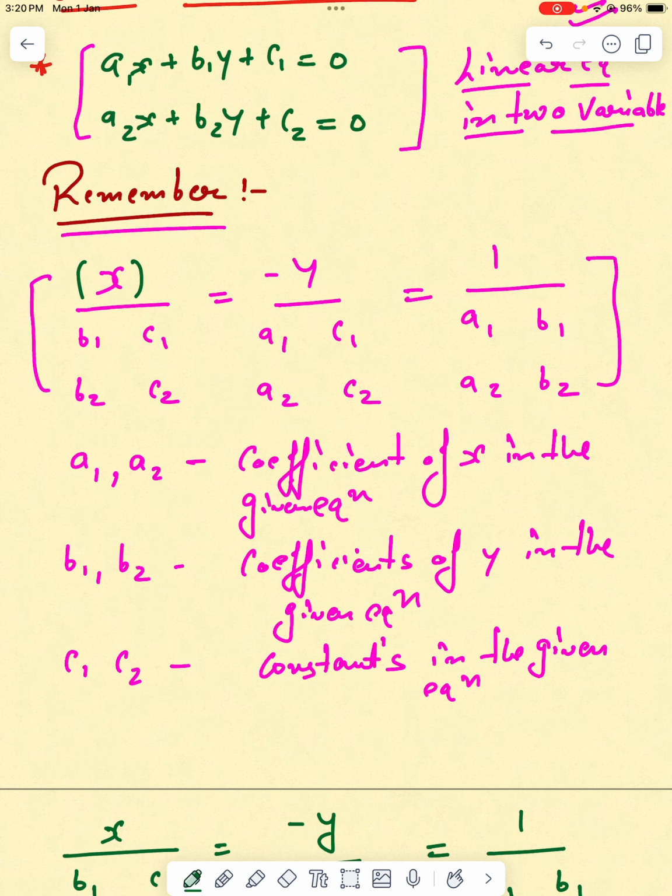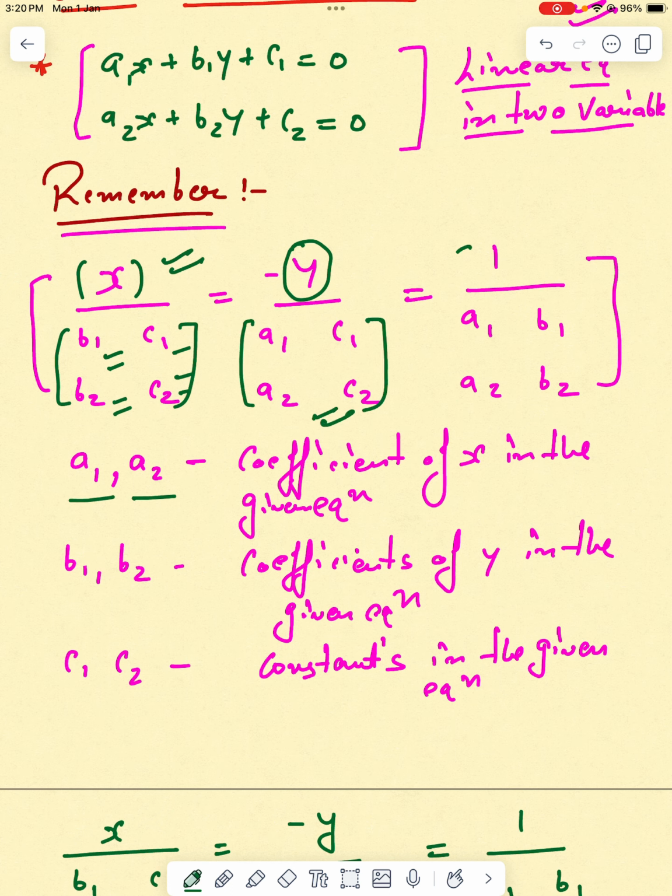I have the variable x here, so forget the coefficients of x, that is a1 and a2. They should not lie in the denominator, so only the other coefficients come into the denominator. Similarly, for y, forget the coefficient of y, which is b; b should not come in the denominator. Similarly, the constants are denoted by c1 and c2, so c1 and c2 should not be in the denominator. This is the way you can remember.